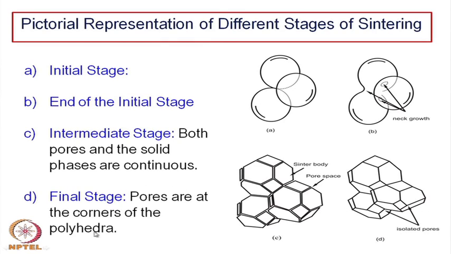In the final stage, pores are at the corners of the polyhedra. Unfortunately, these pores are not properly drawn here. The only difference you can see is that these boundaries are much thicker.